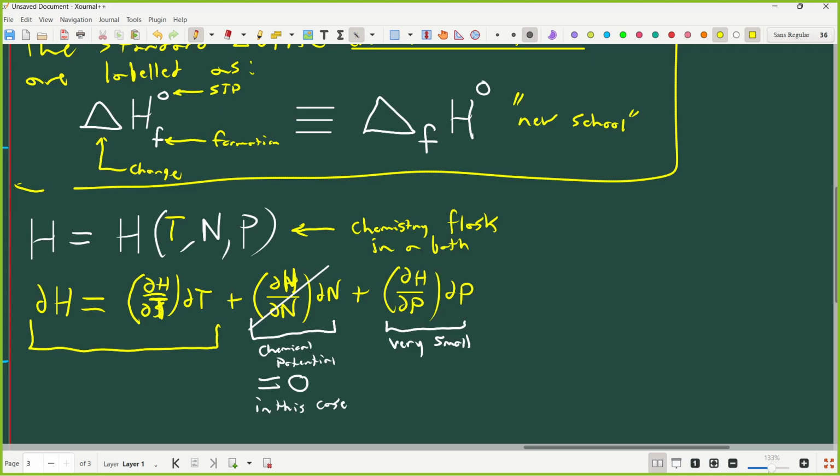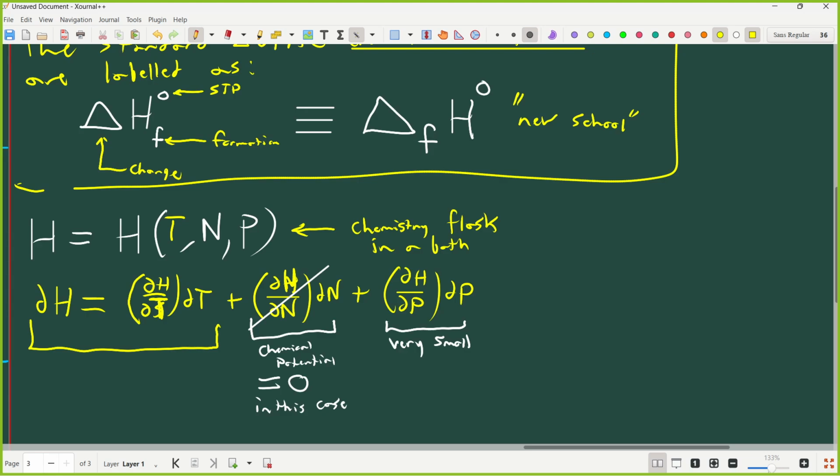Remember that when this was U, total energy, we had dU/dS, and we showed that dU/dS is the temperature. It's a response of the system. As you move S, how much does T change? Or in this case, if you move T, how much does H change? The slope tells you how, as you add heat to the system, the temperature increases, or vice versa.